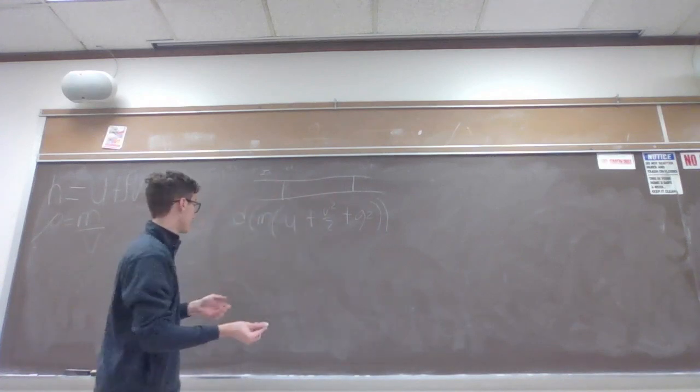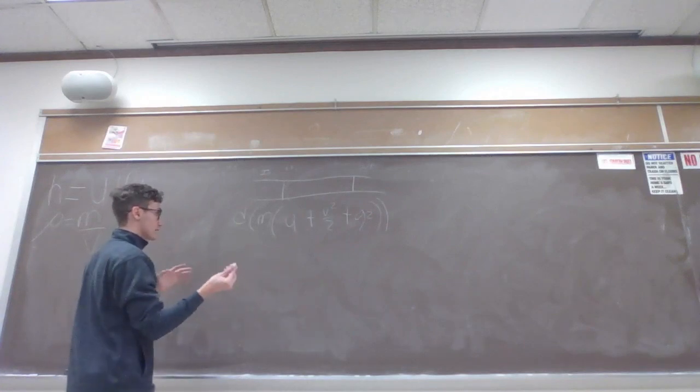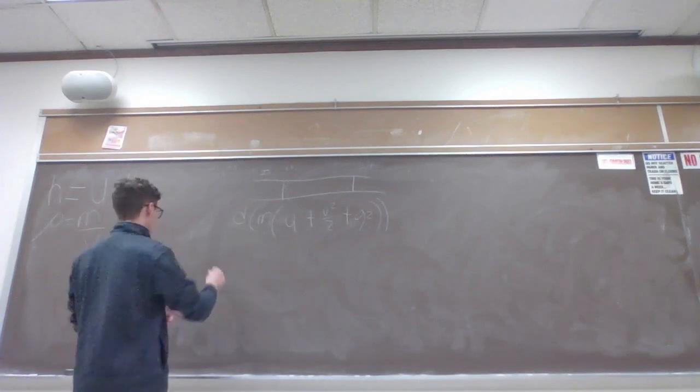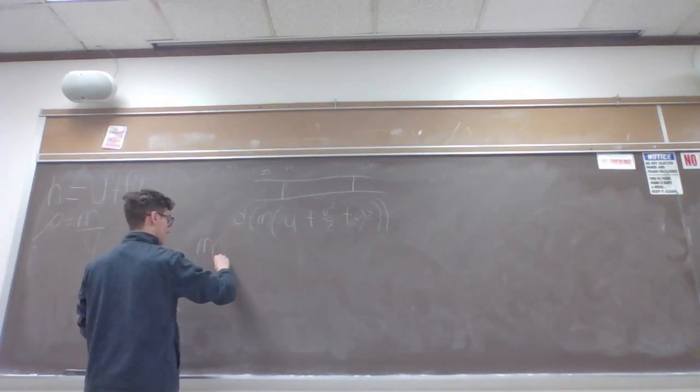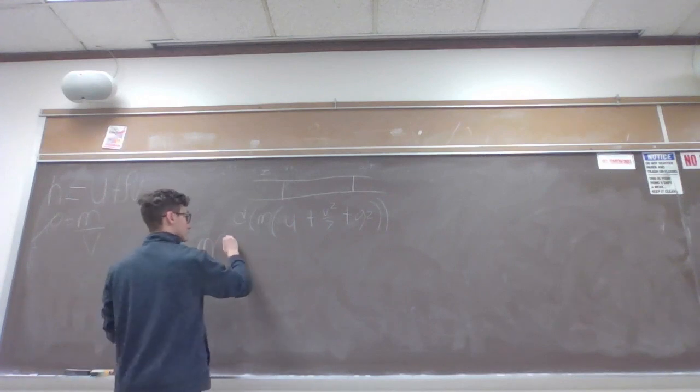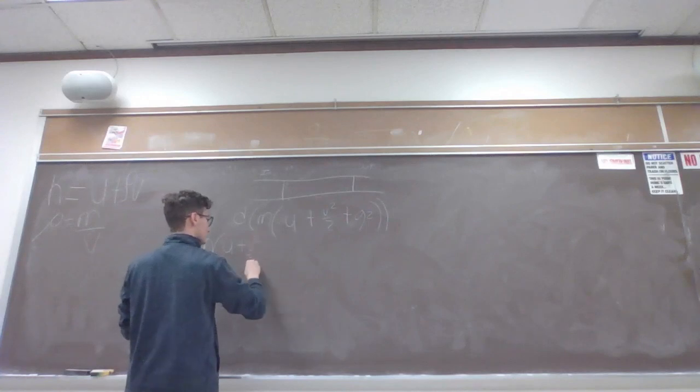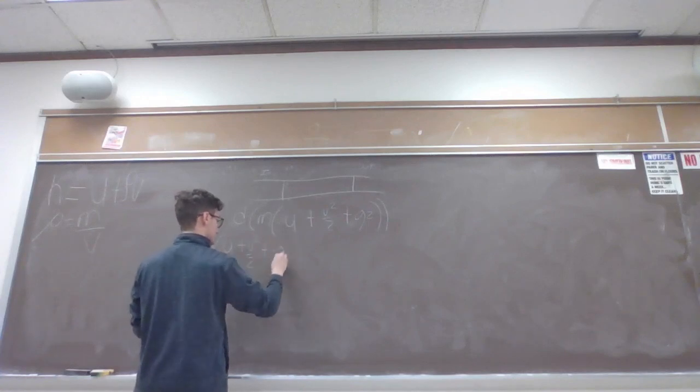So let's do that. Again, everything has mass, and so we're going to take that out front. So we're going to start our in right here. It's going to be m times u plus v squared over 2 plus gz.